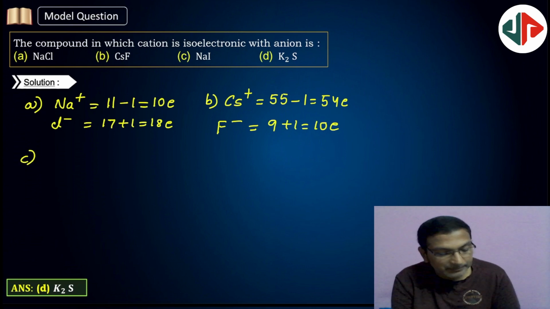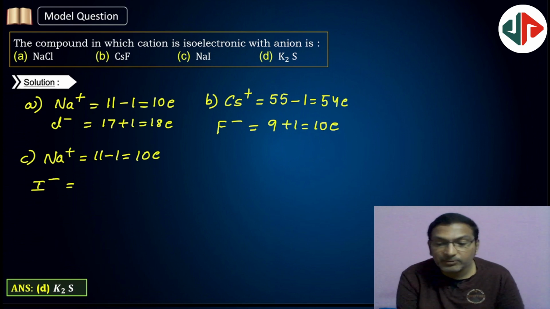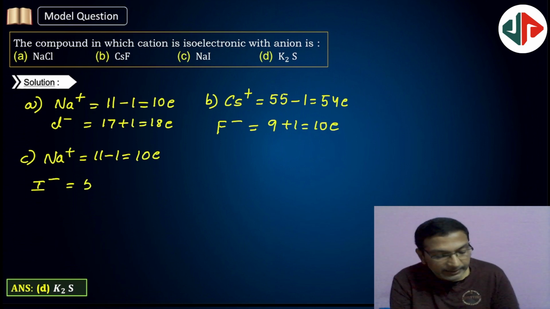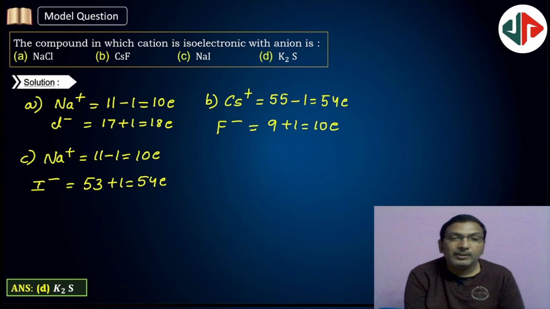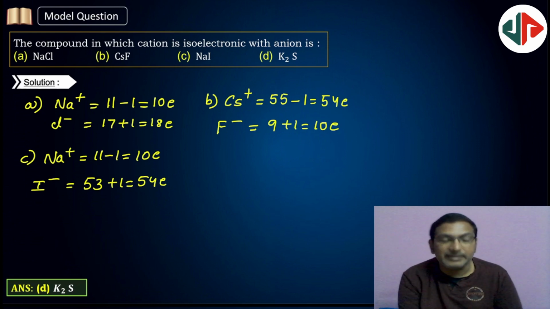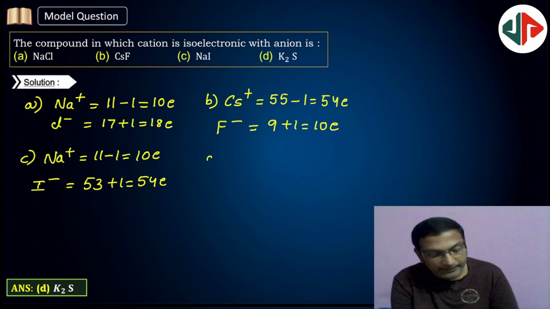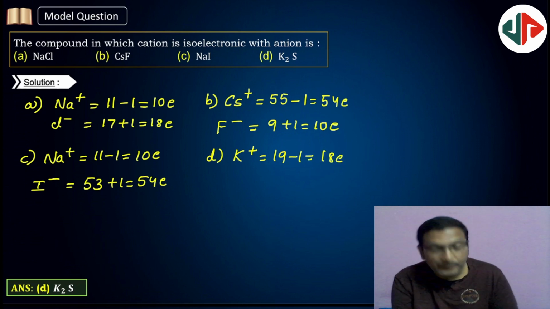Check option C. Na plus, 11 minus 1, 10 electrons. Next I minus. What is the atomic number of iodine? Iodine 53. Minus 1 means here take plus 1. That is 54 electrons. These are not isoelectronic species. Check option D. Cation is K plus. K plus means 19, plus 1 means take minus 1, therefore 18 electrons.